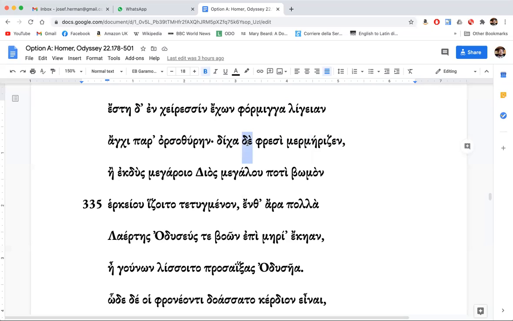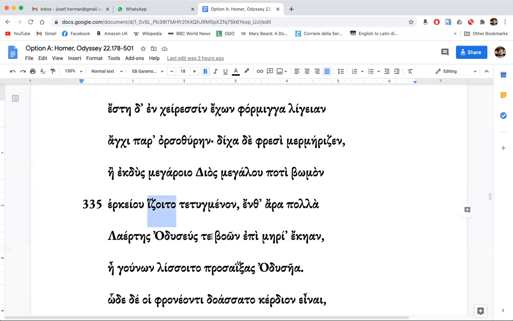So he was pondering, divided in his mind, whether, that's e, whether having gone from the hall, ekdus megaroio, so ekdus meaning having gone, or having gone out, and it takes genitive because motion away normally takes genitive, right? Apo plus genitive, ex plus genitive, etc., just like the ablative in Latin. So having gone out from the hall, so megaroio, genitive singular, right?